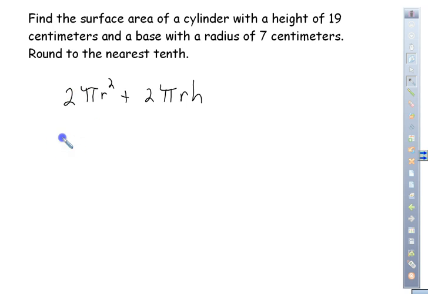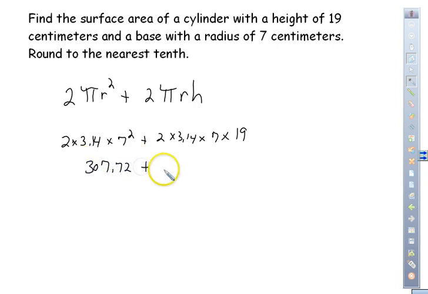And again, using the formula, 2 times 3.14, the radius they gave us was 7, so it's squared, plus 2 times 3.14 times the radius, which is 7, times the height, which is 19. And it's just a matter of plugging that in.